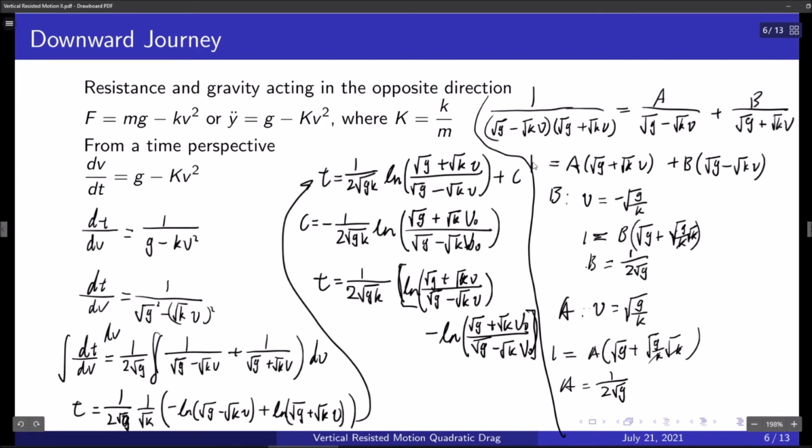Okay, so this would be the expression of time for the downwards part of the motion.